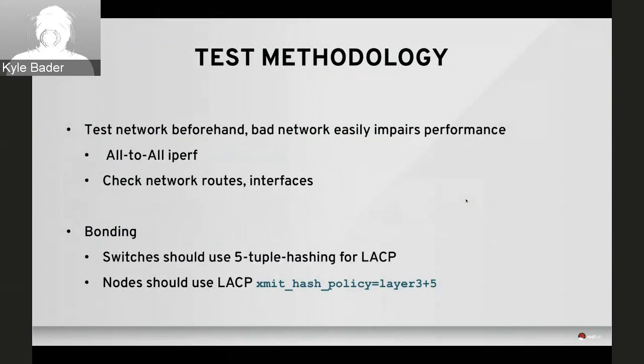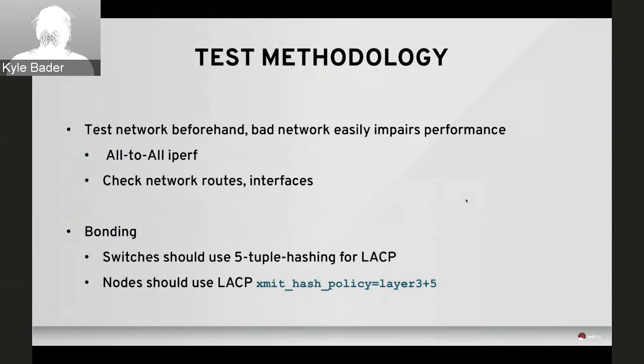For bonding, this is just general Ceph good advice. If you're using bonding, you really want to make sure you're using 5-tuple hashing and LACP. And the nodes themselves should be using a layer 3+5 transmit hashing policy.